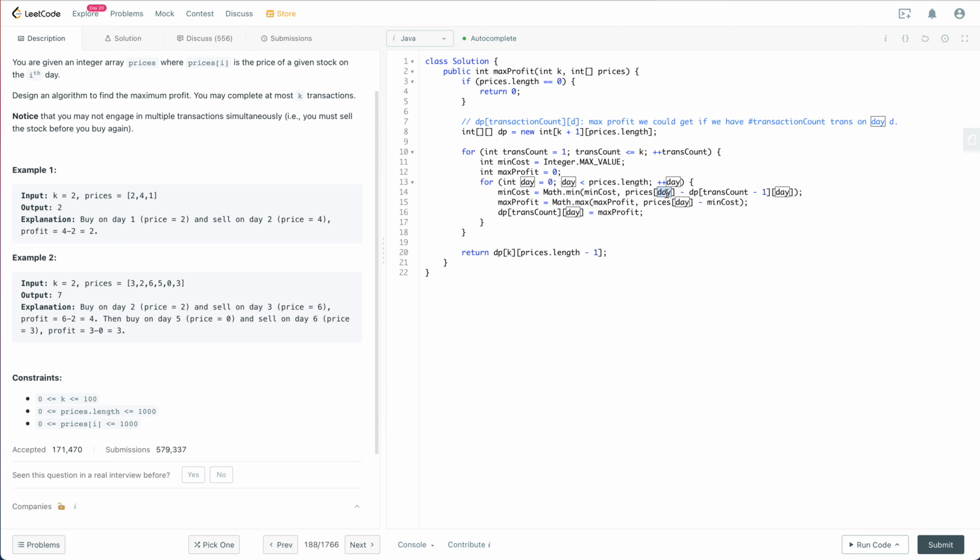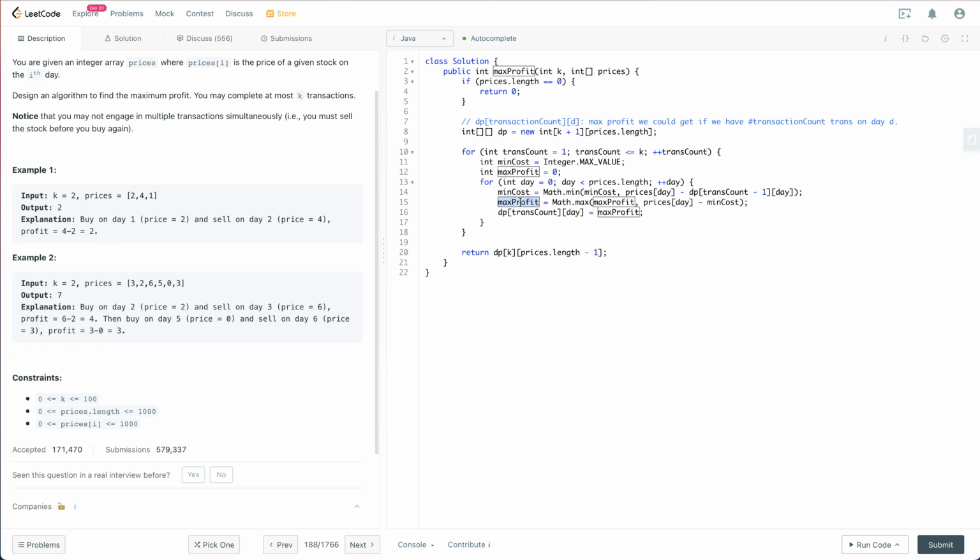So suppose we consider the profit we have already got from the previous transactions, which is represented by this variable. That is going to decrease the cost we are going to buy the stock on this day. So that's essentially what min cost is. It's about buying a stock by applying the previous profit we have made before.